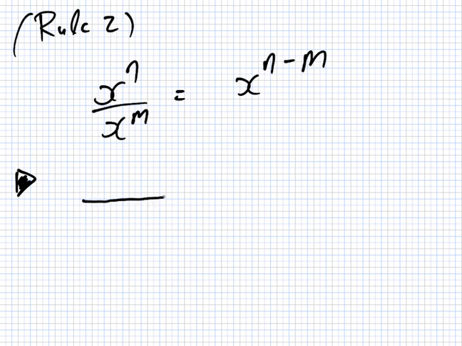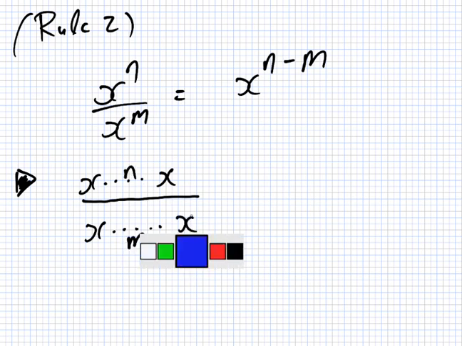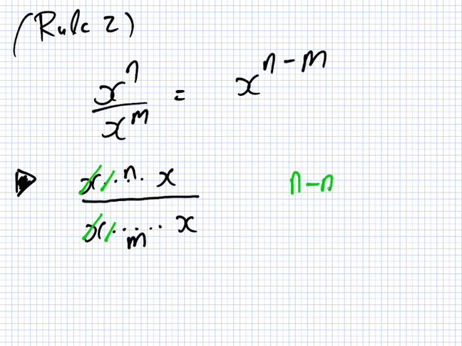On the top, we have x n times, and then on the bottom, yeah, there's m times here and n times here. And we can cancel them one by one. And each time we cancel, we make one less. So we'll only be left with n minus m on the top after we cancel with all the m's of them on the bottom. So again, there's not much to say about the proof, but that's the second rule there.